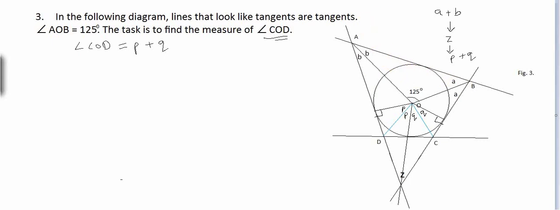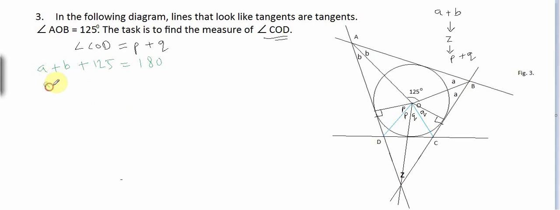Notice in this triangle, A plus B plus 125 is 180 degrees. So A plus B can be known. Angle sum property of a triangle.